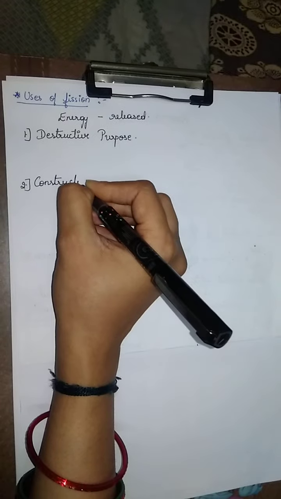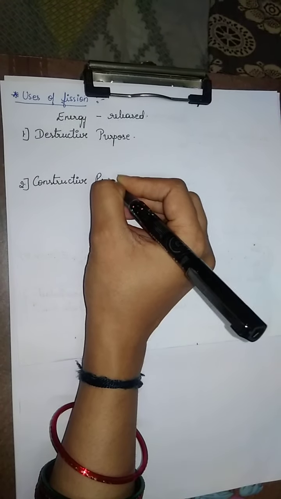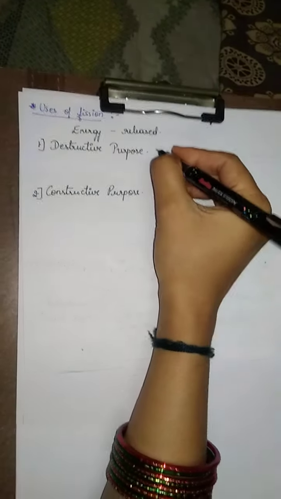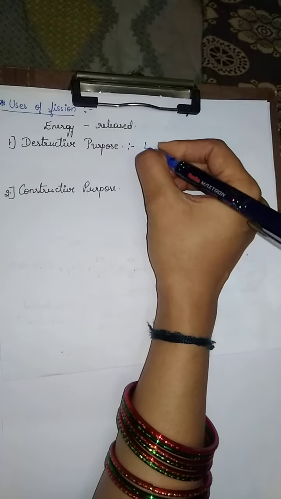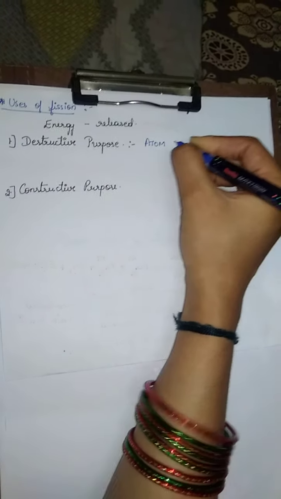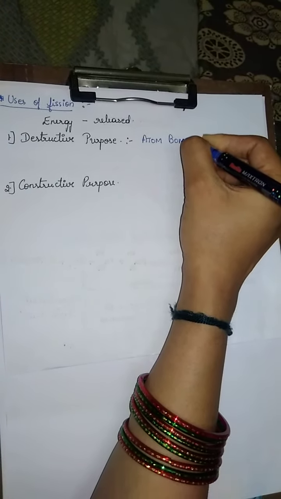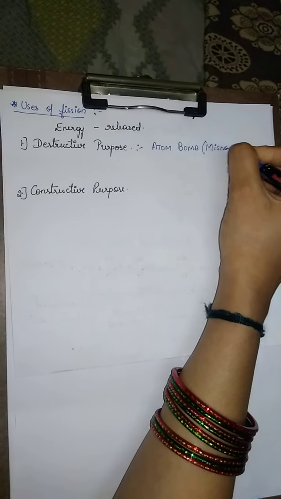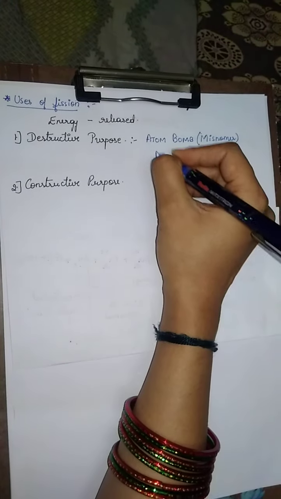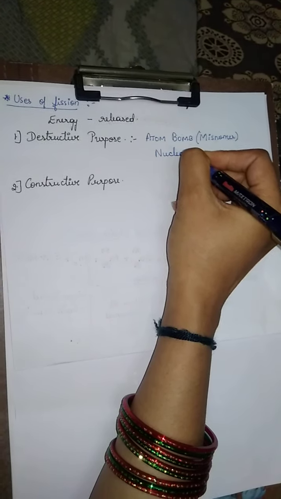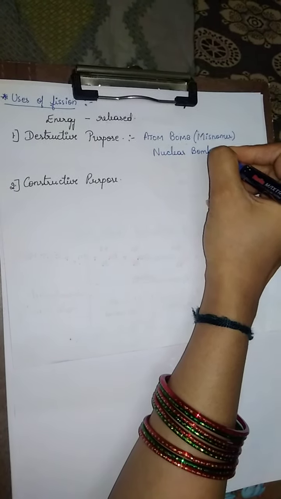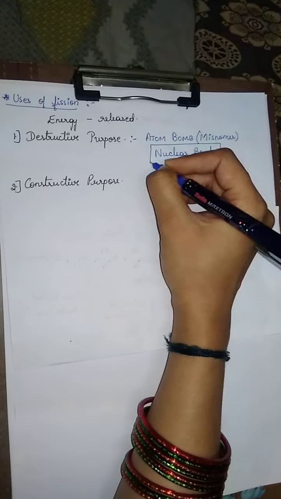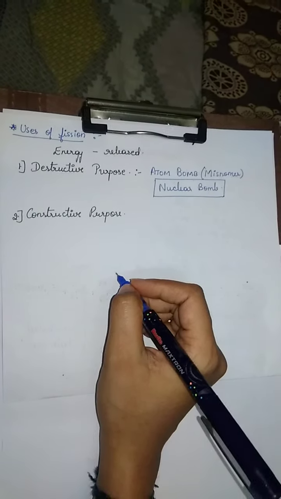Destructive purpose means this energy is used for atom bombs. This name is a misnomer, so here we will use the name nuclear bomb. So the destructive use of this reaction is the nuclear bomb.